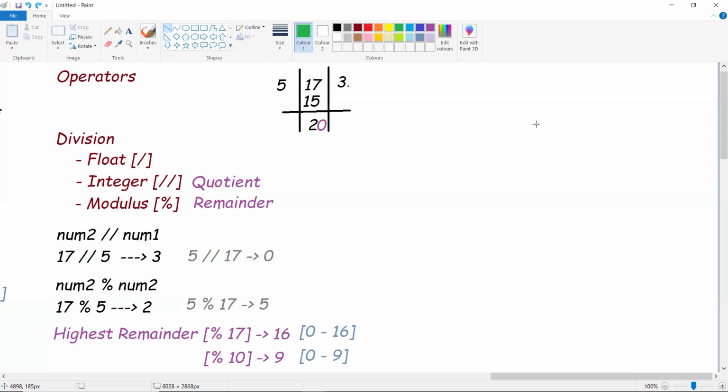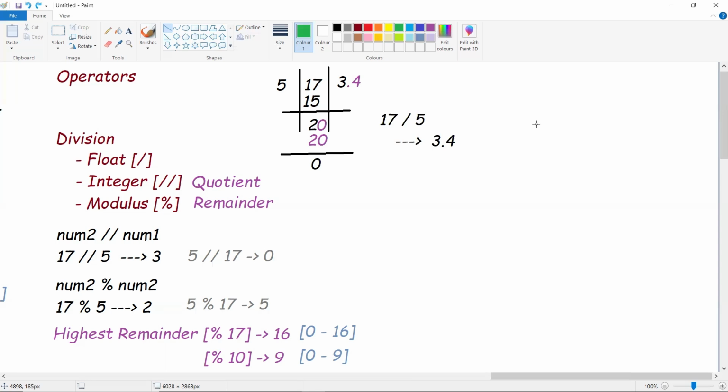Now 5 fours are 20, so then the remainder would be 0. And now the quotient is 3.4. So 17 single slash 5 is giving me the value 3.4. This is about float division.